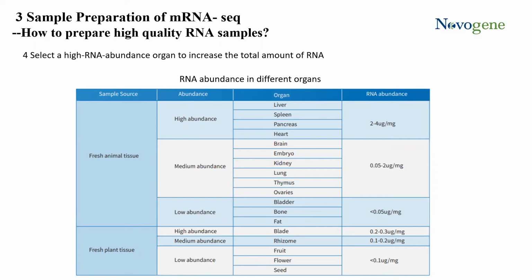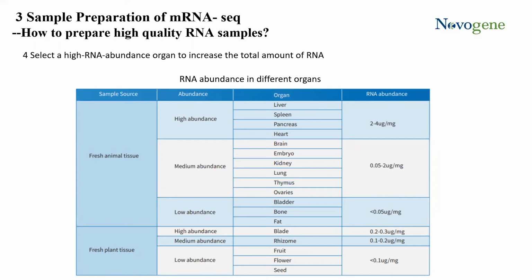So we have the sample source as fresh animal tissue. In the high abundance organs, the liver, spleen, pancreas, and heart, it's about 2 to 4 microgram per mg, whereas the medium abundance organs are brain, embryo, kidney, lung, thymus, ovaries.